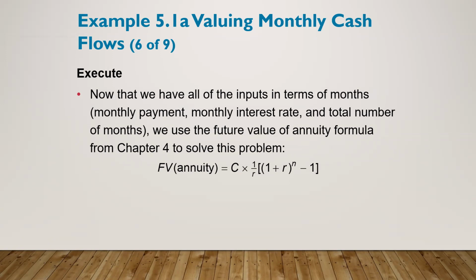We use the future value of annuity formula from Chapter 4 to solve this problem. And here's the formula for that. The future value of an annuity equals C times 1 over R, times the quantity (1 + R)^n minus 1.